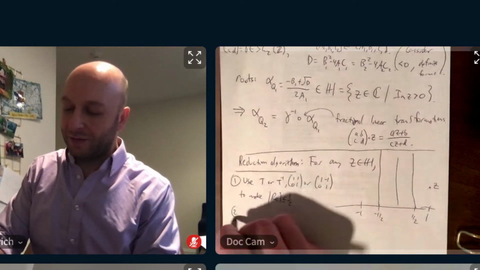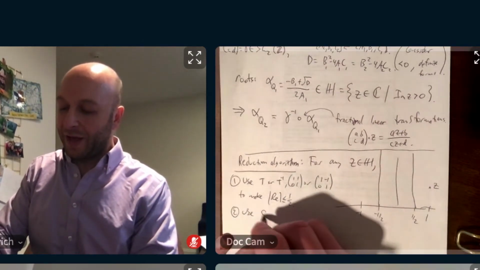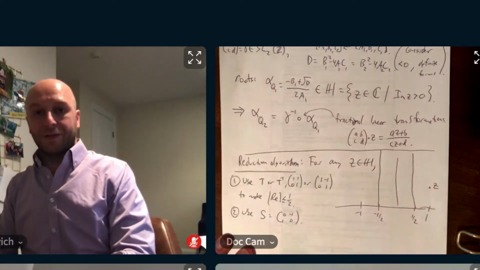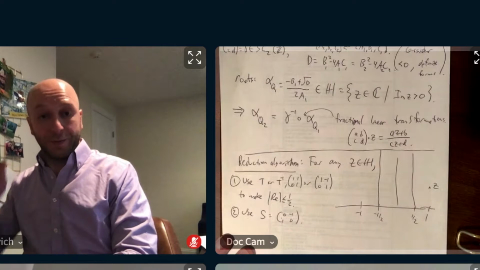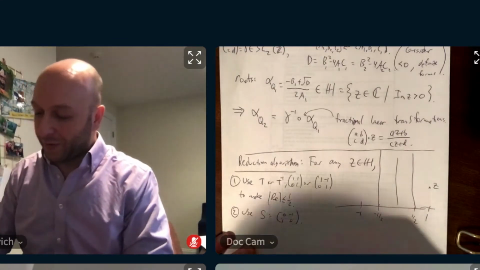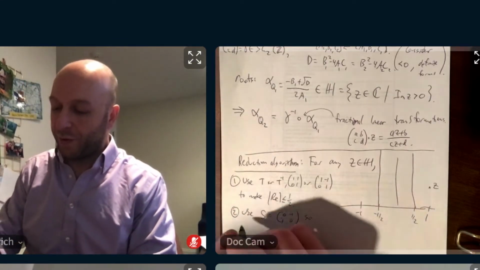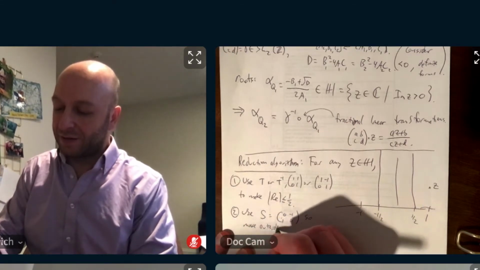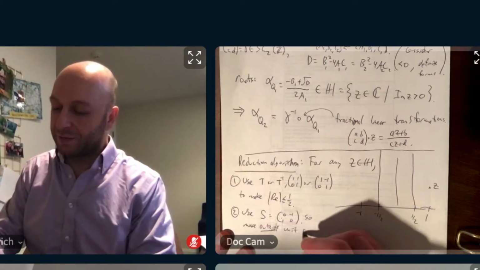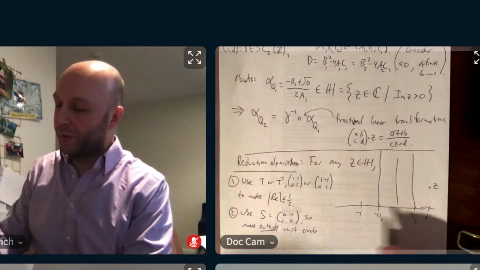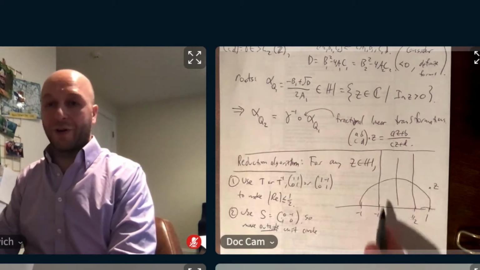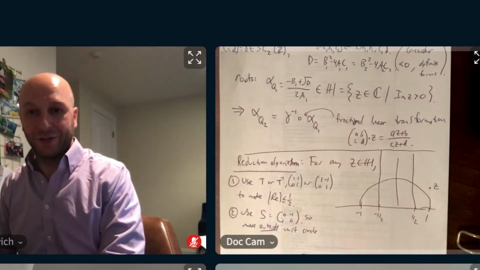And then use S, which is 0, negative 1, 1, 0, to move outside the unit circle. So the complex unit circle, which we're only looking at in the upper half plane, so I'll only draw the upper half of the complex unit circle.